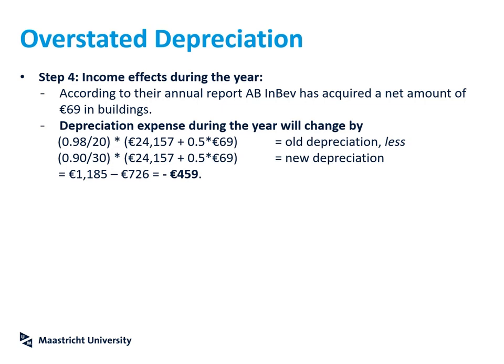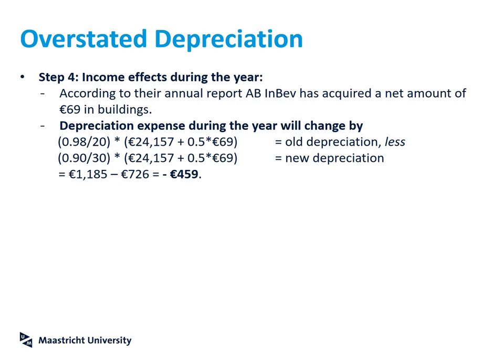So take the original cost plus half of the newly acquired buildings and apply the old and new depreciation rate to this. And you would see the adjustment that you need to make, which in this case means that we can lower the depreciation expense that we will see during the year. Under the old depreciation method, 4.9% depreciation rate, depreciation should be 1185.